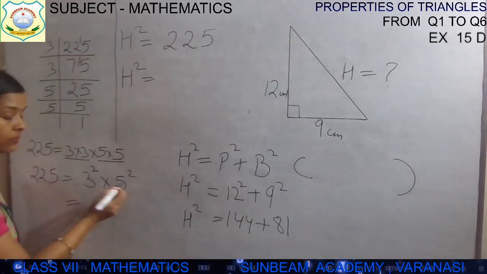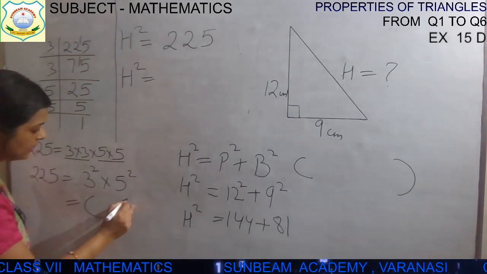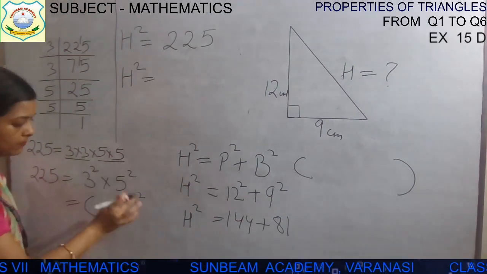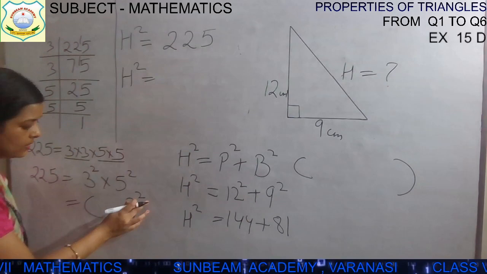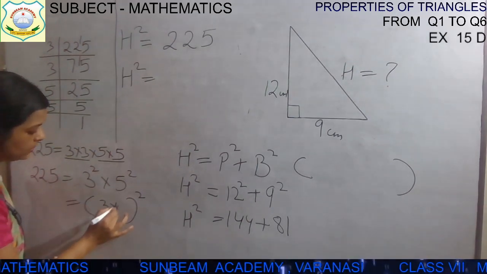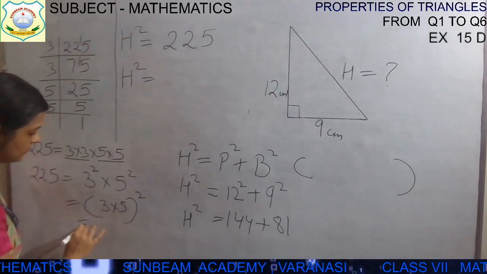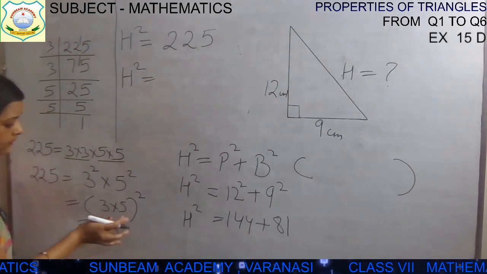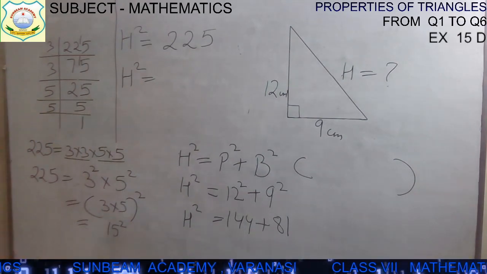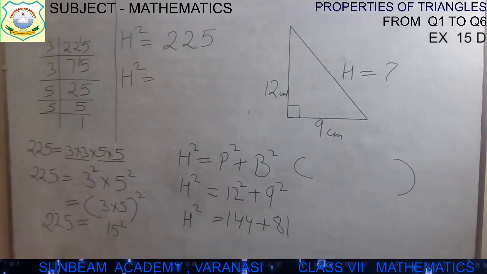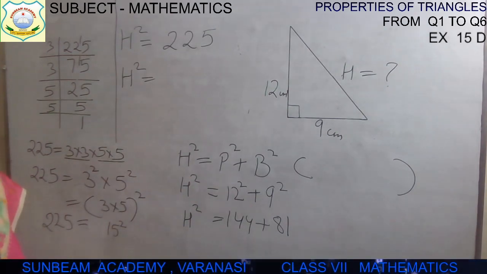Now children, both were square terms, so we can take the common square outside. The power is common, square. So the bases 3 and 5 remain inside, 3 into 5, which is 15 square. So 225 can be written as 15 square.